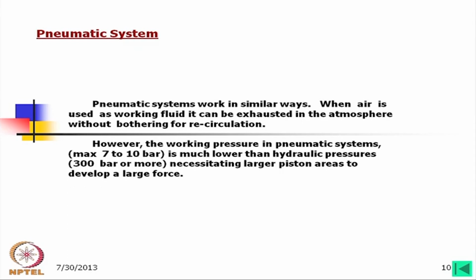However, the working pressure in pneumatic systems is usually 7 to 10 bar. It is much lower than hydraulic pressures, which are 300 bar or more. Therefore, for pneumatics we need larger piston areas to develop a large force.